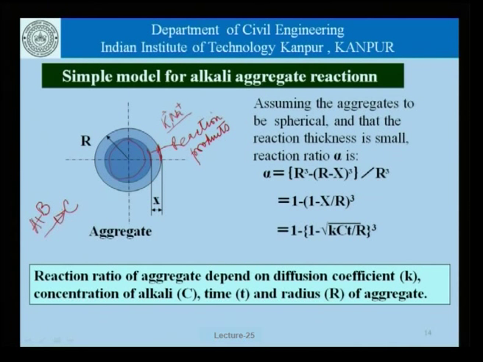Either A should finish, that there is no more A, or B should finish, that there is no more B, or the A and B should not be able to come in contact with each other. And in that case, even though there may be A or there may be B, there may still be no reaction.